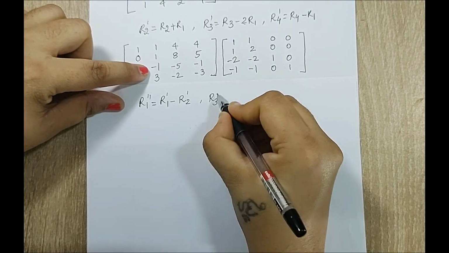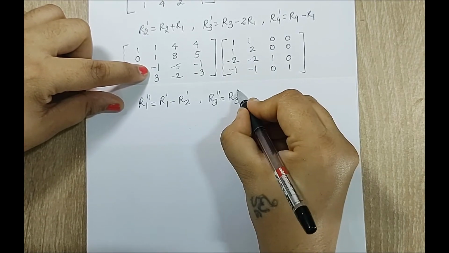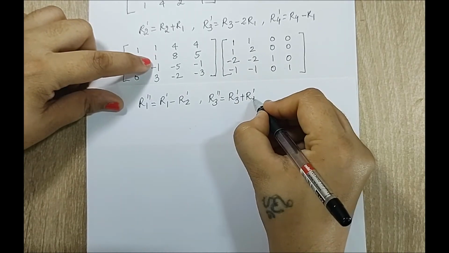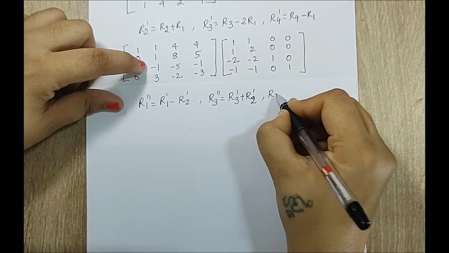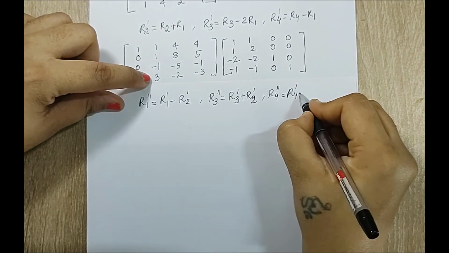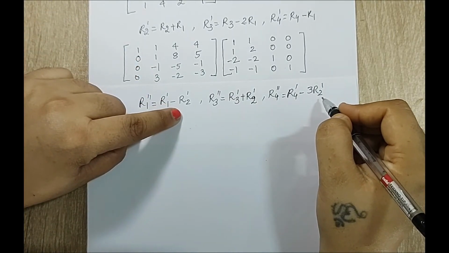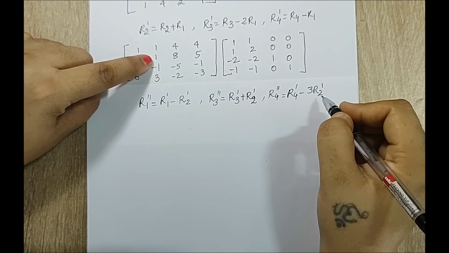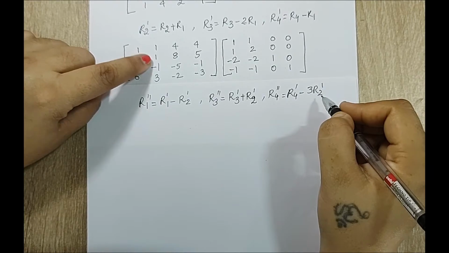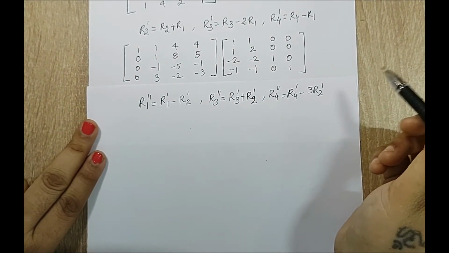So R3 double dash is equal to R3 dash plus R1 dash. I'll be using R2 dash. Then I'll have R4 double dash is equal to R4 dash minus 3 times R2 dash. Everything should be in reference to the newfound element in the new row. So R2 dash is actually my new row which I am using. So these are the values which I have found.